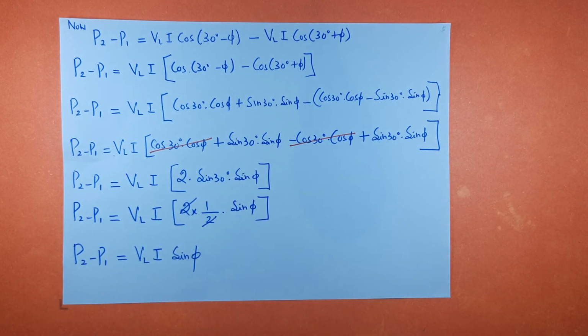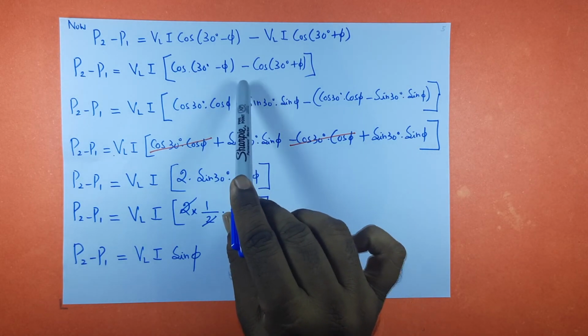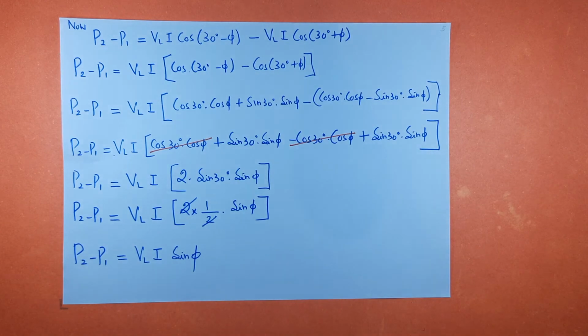P2 minus P1 equal to VLI. You just expand this cos A minus B: cos 30 cos phi plus sin 30 sin phi. Here minus, expand this minus of cos 30 cos phi minus sin 30 sin phi.